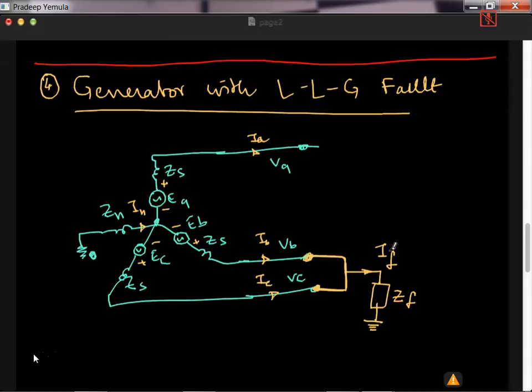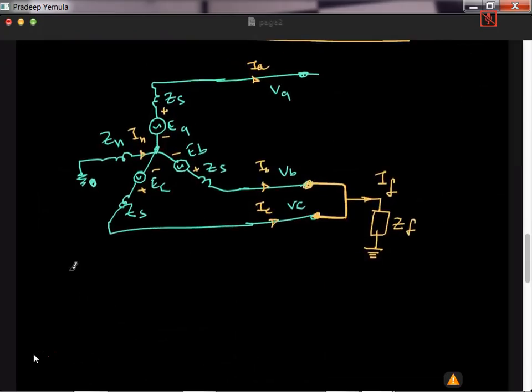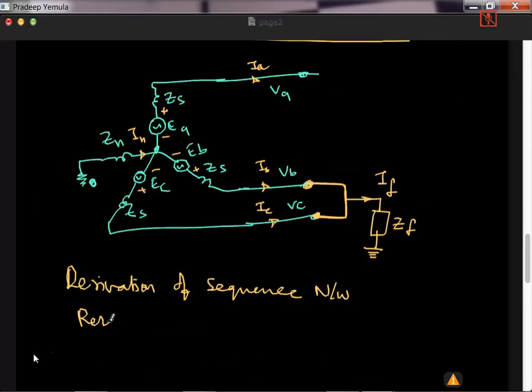So for this, what are the sequence networks? Again, I request you to refer to the derivation of sequence networks for LLG fault.